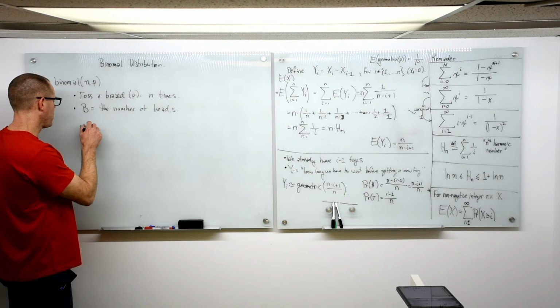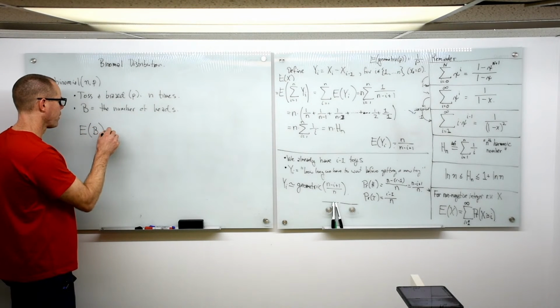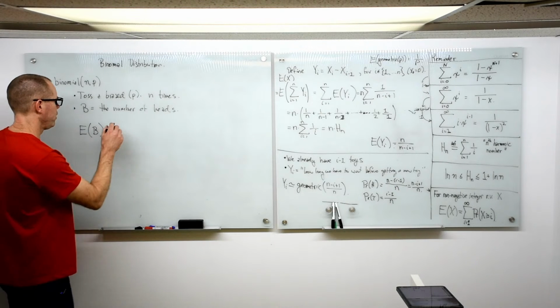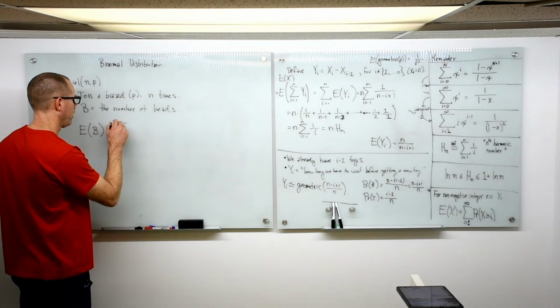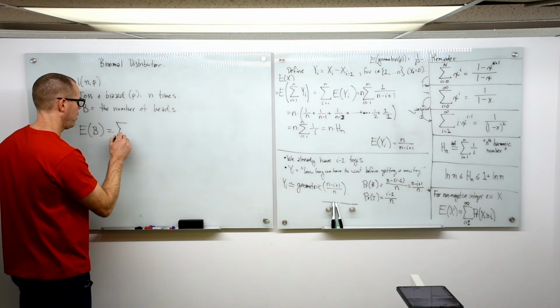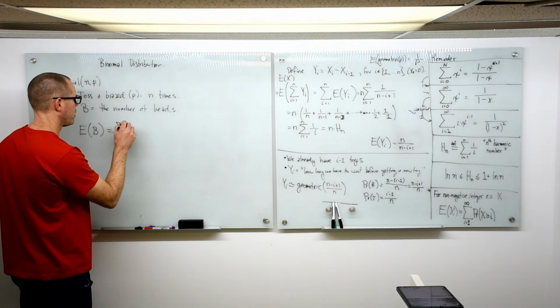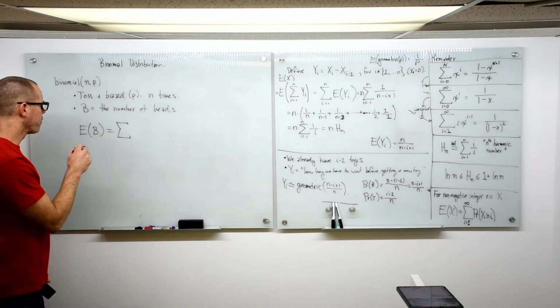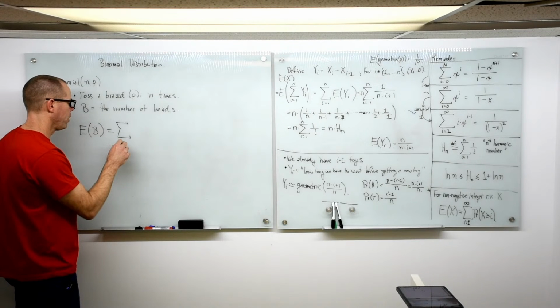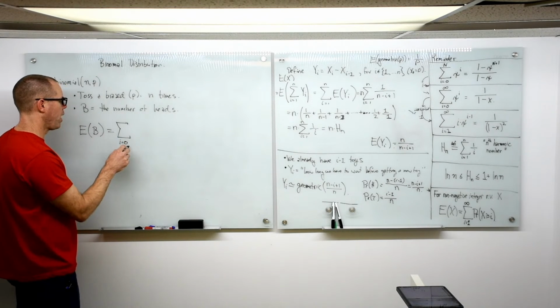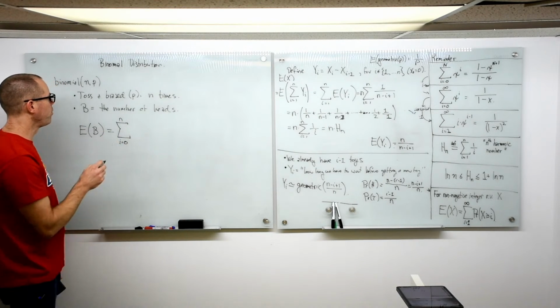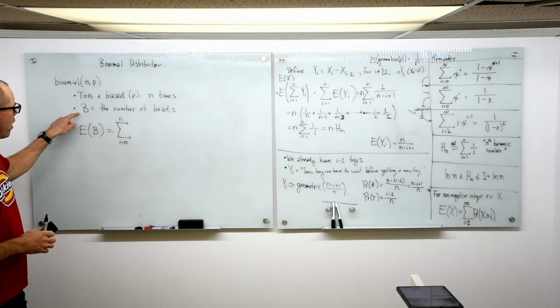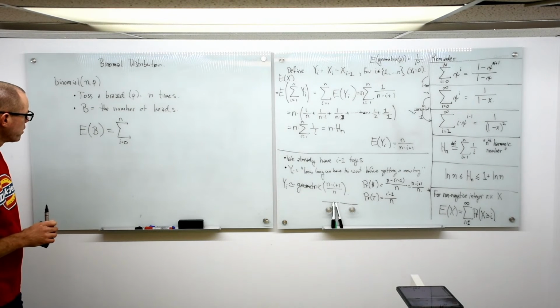Well, because the expected value of B, I can sum over the number of heads, right? So how many heads could there be? There could be 0 heads, or there could be all the way up to n heads when I toss a coin n times.